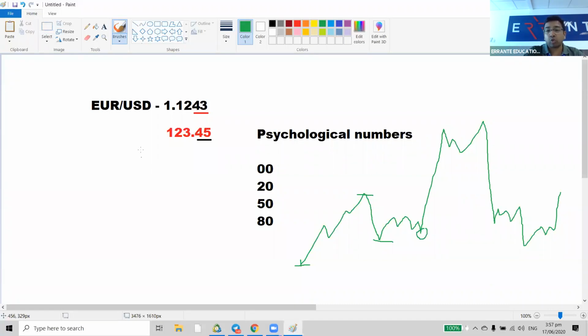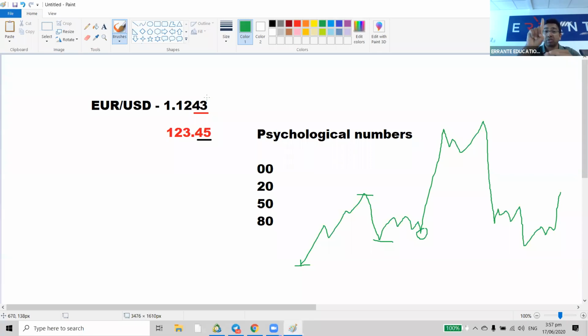So your first question is answered. The closest psychological number is 1.1250 because you are buying and looking up. But when you look up, there is an obstacle, whereby 1.1250 is too close. If you buy now and it goes up to 1.1250, that is where it might reverse. So it's not a good idea to buy now.